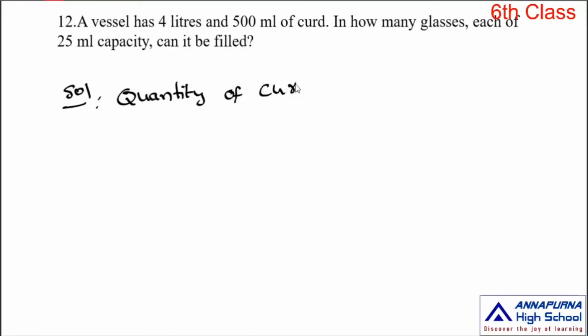Quantity of curd is equal to 4 liters and 500 milliliters. To convert into milliliters, 4 liters and 500 milliliters can be written as 4 liters plus 500 milliliters.